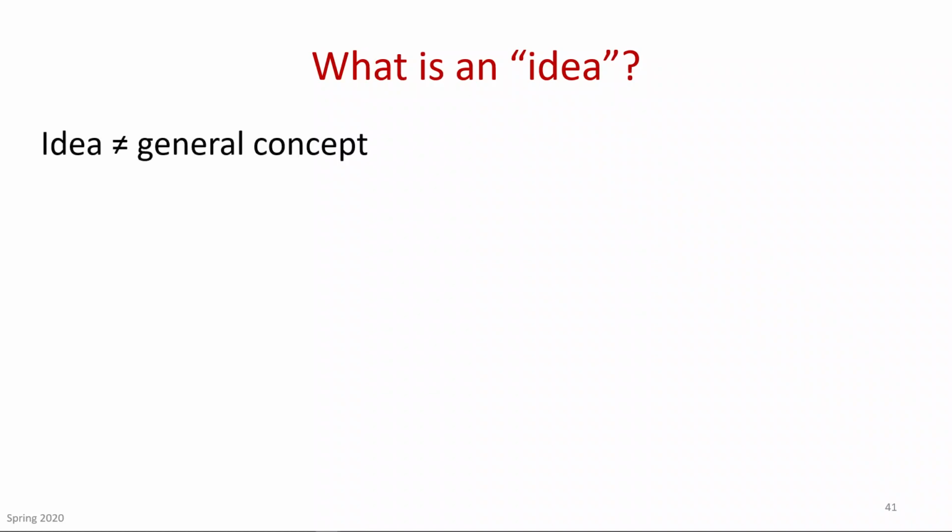And that means, in the first place, that when Locke uses the term idea, he doesn't mean a general concept, or at least that's not the only meaning of it. He does talk about general ideas, but maybe sometimes in English we want to distinguish: I have an idea about something. When I use the word idea, it has a meaning of something more abstract than ordinary perceptions. But for Locke, the term idea covers everything.